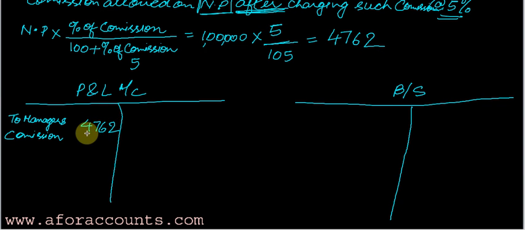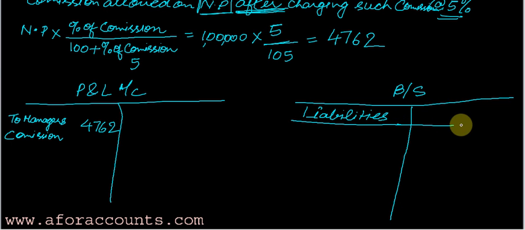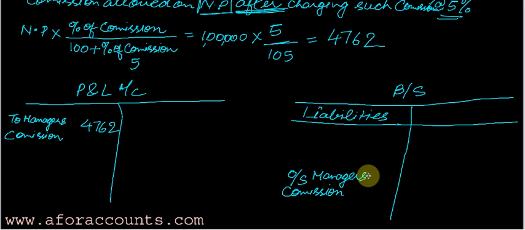I will adjust the net profit, whatever I had, less this, and then the result will be the final net profit. And I have still not paid it to the manager, right? I calculated it just now, so first I have to calculate, then only I will pay. So it has to be outstanding manager's commission, which is my liability, written here as 4762.